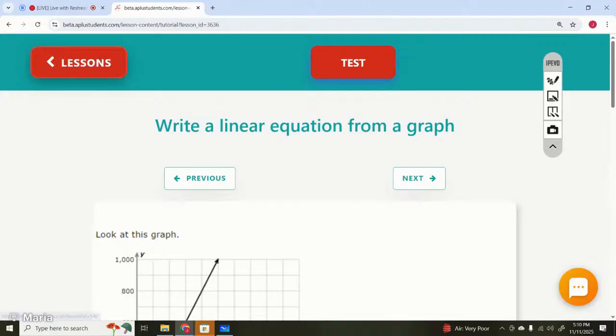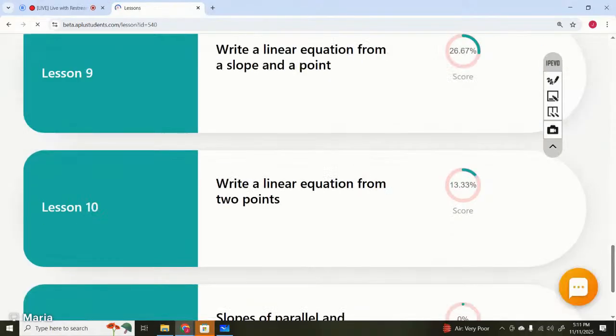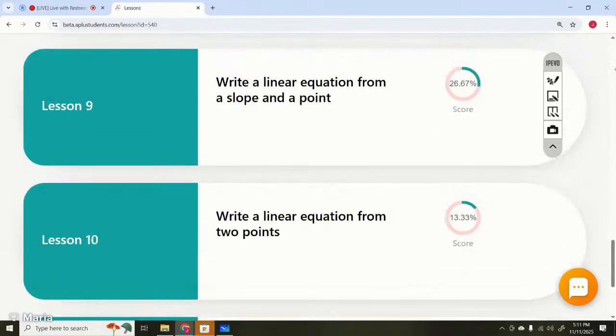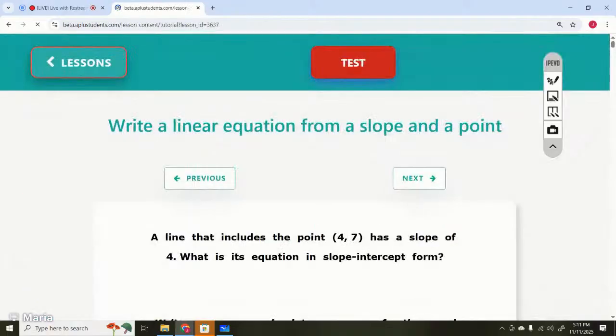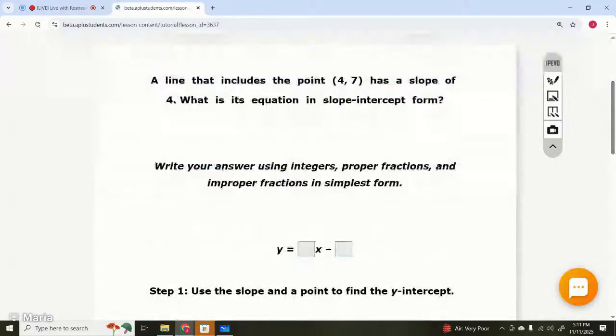The next lesson is write a linear equation from a slope and a point. A line that includes the point 4, 7 has a slope of 4.